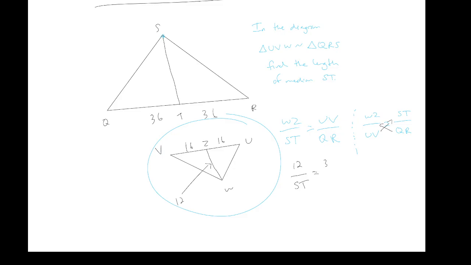It's 32, over QR, which is 72, 36 plus 36. And I'm going to take my cross product. So I'm going to have 12 times 72, which according to my calculator is 864. All right, that's my cross product. And then another cross product, ST and 32, is going to be 32 times ST. Divide both sides by 32 to get ST by itself, which is going to be 27.